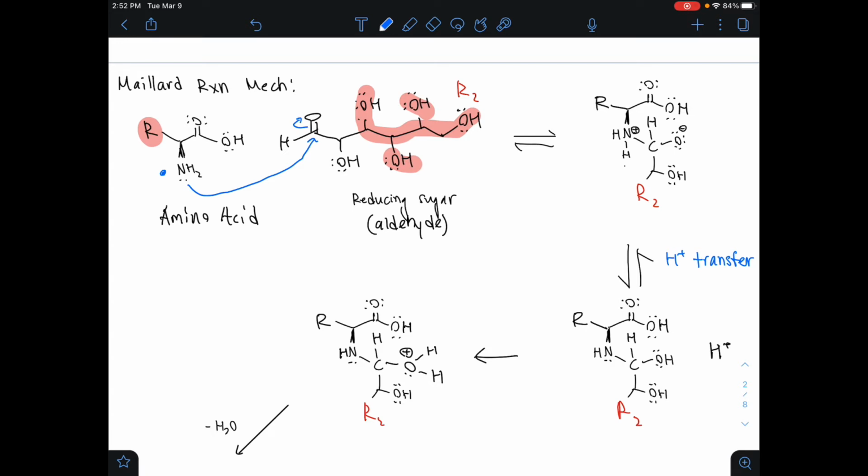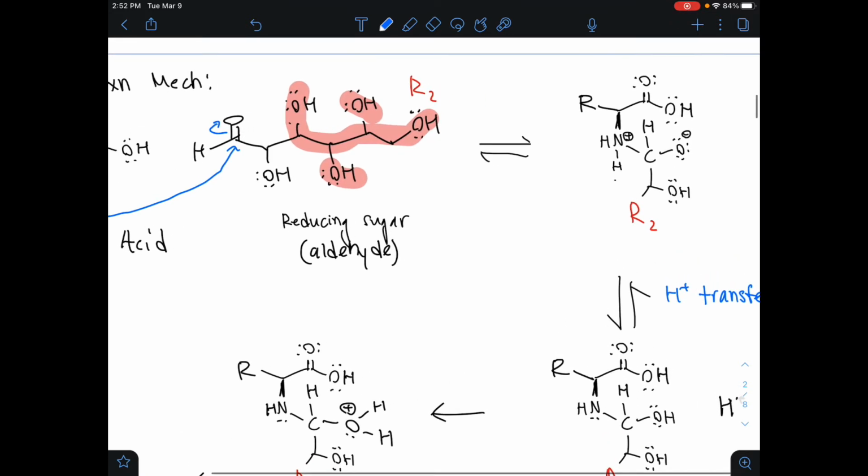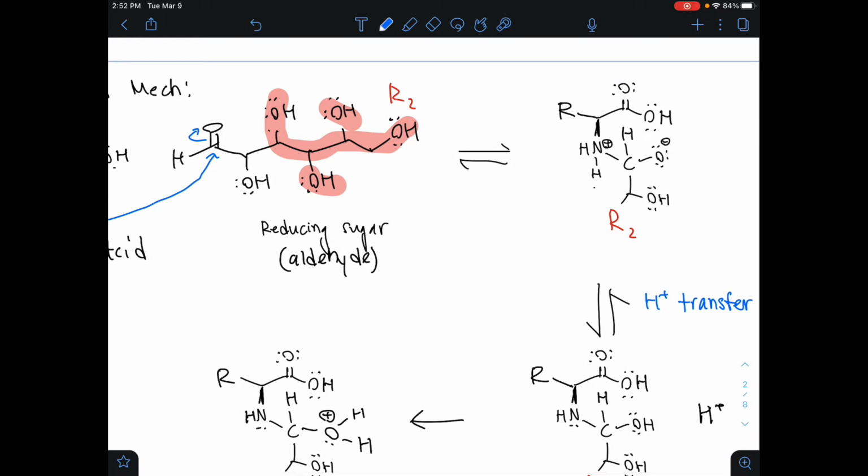This carbon center acts as an electrophile because it has a partial positive charge, since this oxygen withdraws electron density. This nucleophilic attack forms a tetrahedral intermediate right here.